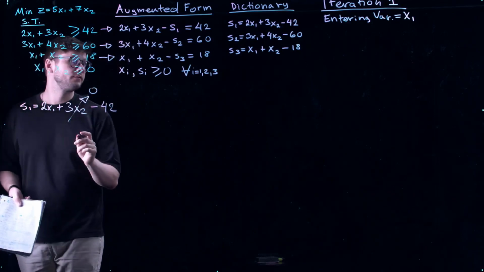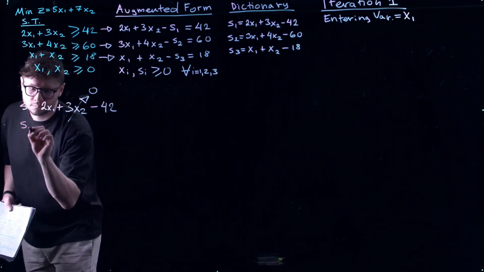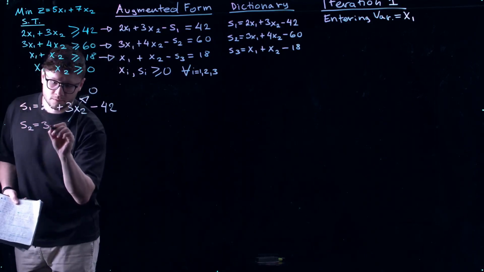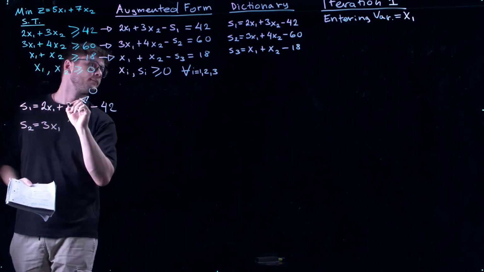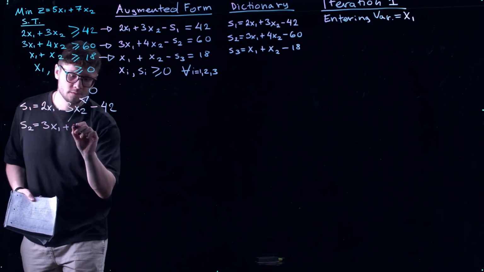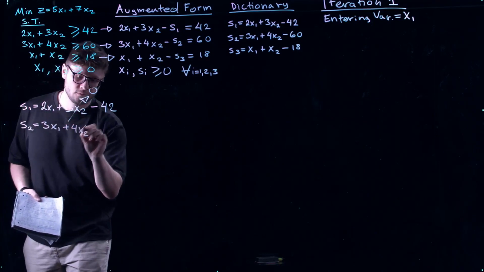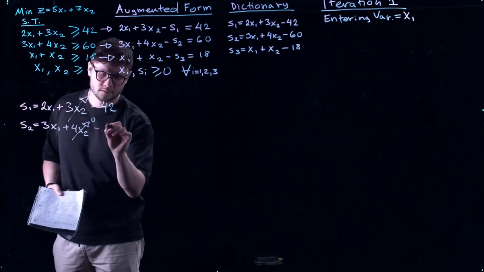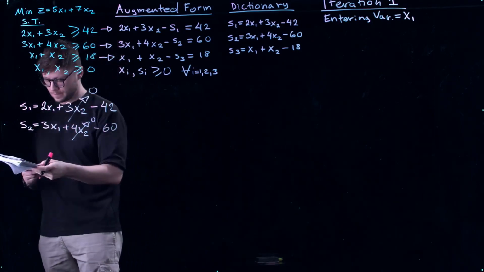Then we're going to have S2 equals 3x1 plus 4x2, which goes to 0, minus 60.